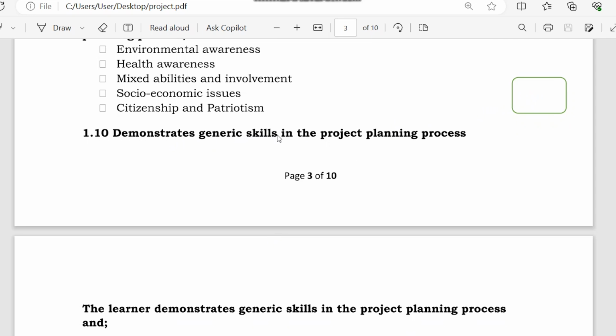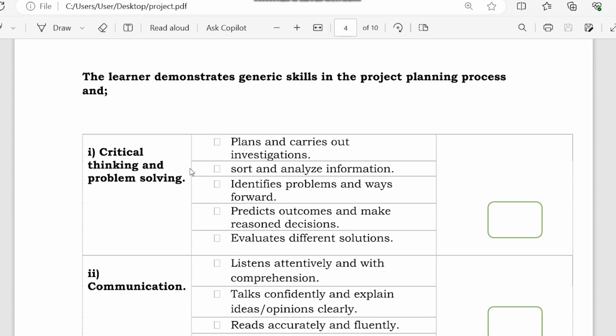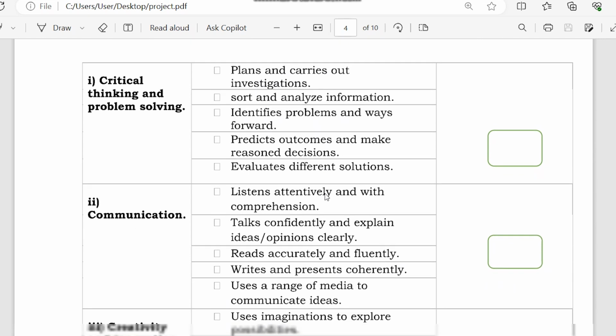Then demonstrate generic skills. The generic skills can be critical thinking. So did the learner plan and carry out an investigation, or did he just sit down and go to the internet and do everything without planning and carrying out the investigation? If he did, here, sort and analyze information, identify problems, and so on and so forth.